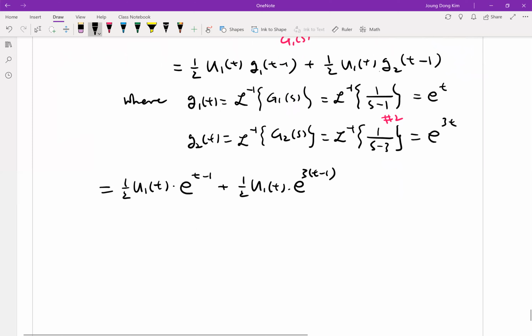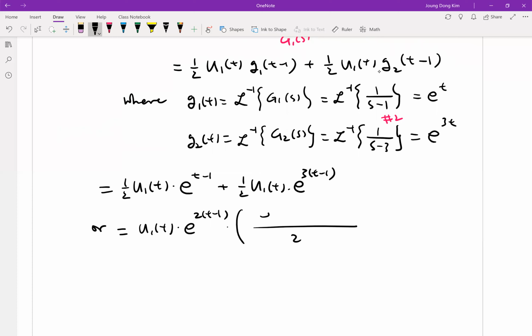But we also know about hyperbolic cosine, right? If you do it this way and take out t minus 1, then it will be e to the minus (t minus 1) plus e to the (t minus 1).